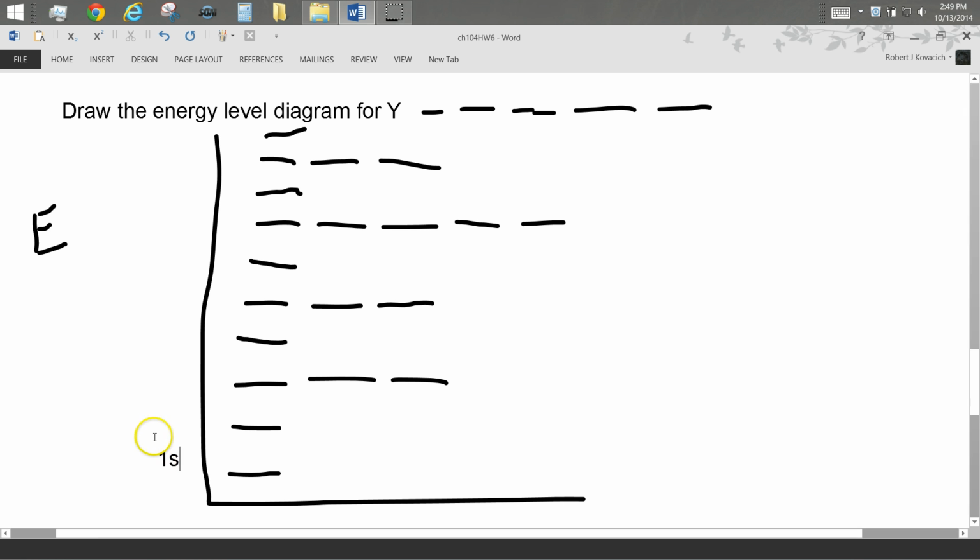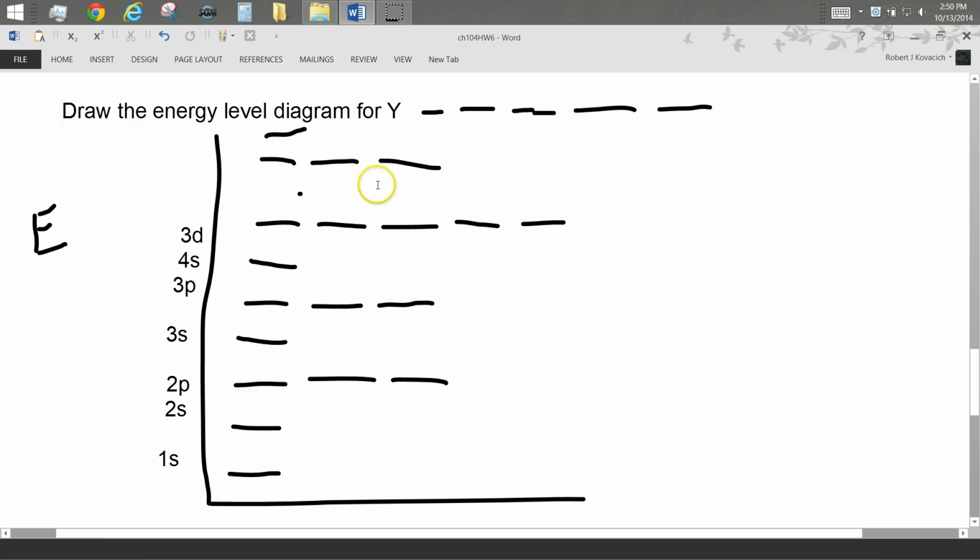So 1s, 2s, 2p, 3s, 3p, 4s, 3d. Oh, I didn't need that.